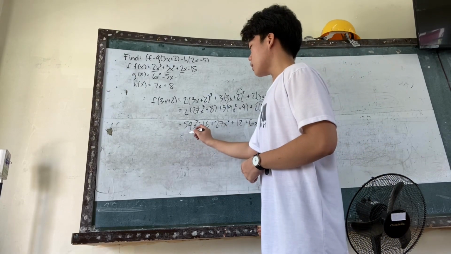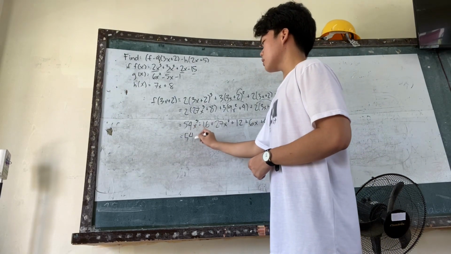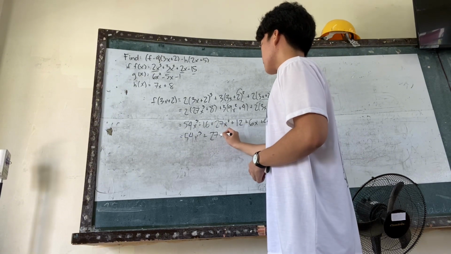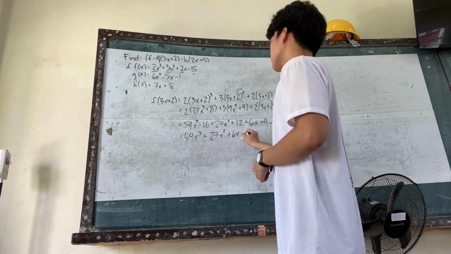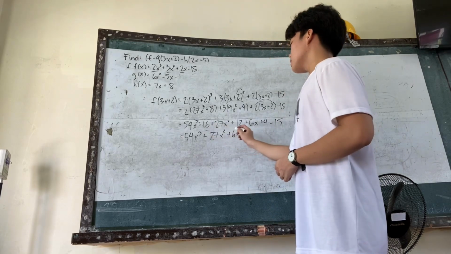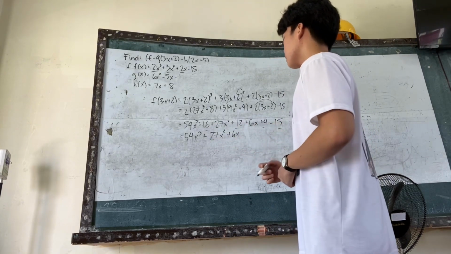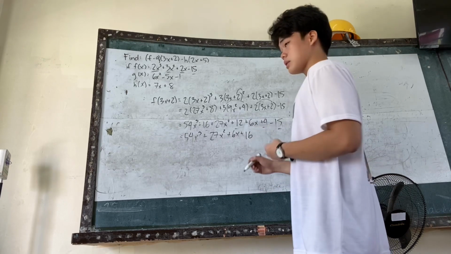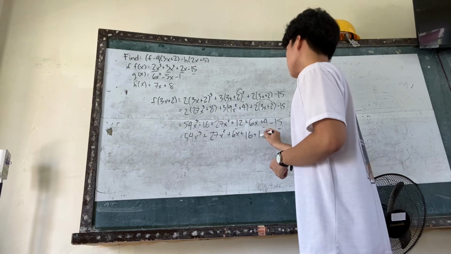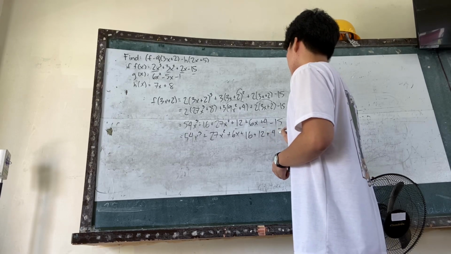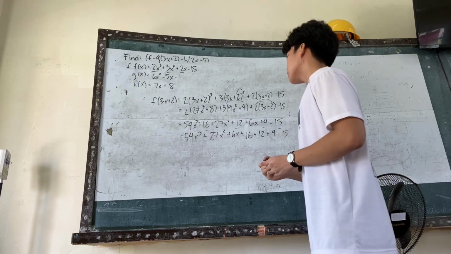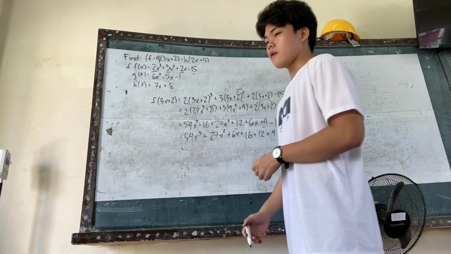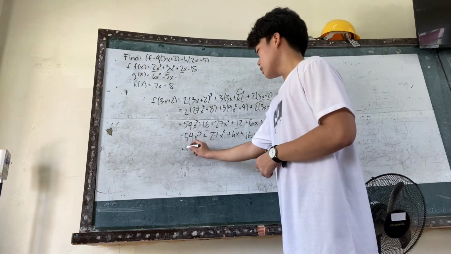And then we are going to bring down and arrange it in decreasing order: 54x³ plus 27x² plus 6x, plus 16, plus 12, plus 4, minus 15. Now we are done here.